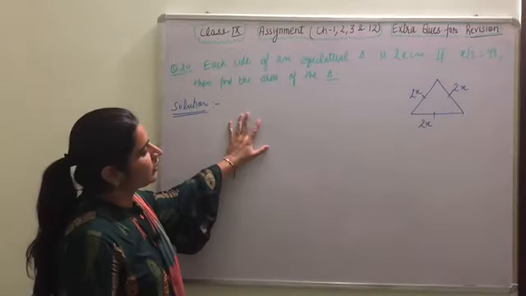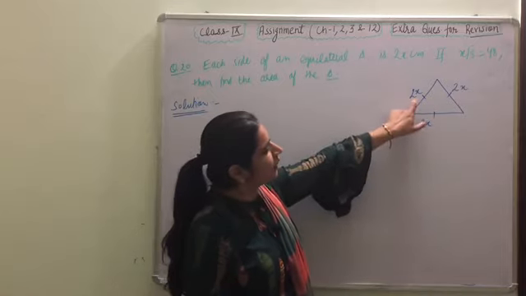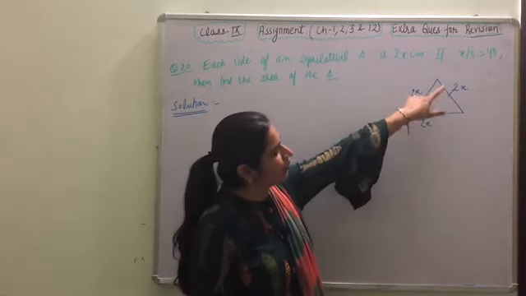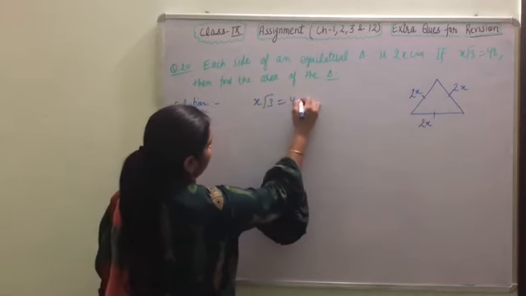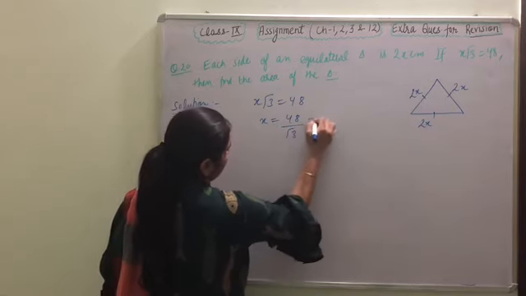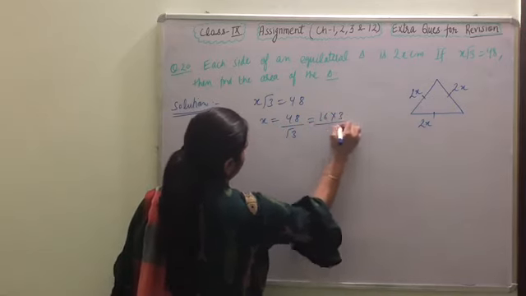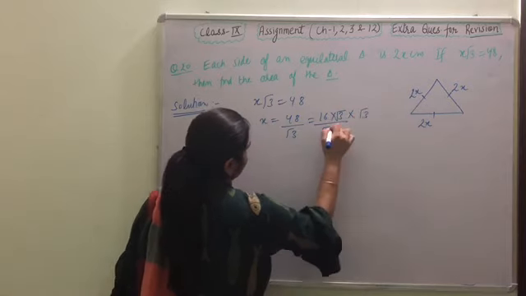Okay, last question of the assignment. Here it is given equilateral triangle whose equal sides are 2x, 2x and 2x, and the given value is x root 3, which is equal to 48. So x is equal to 48 by root 3, which is equal to 16 into 3 by root 3. This 3 we can write as root 3 into root 3.